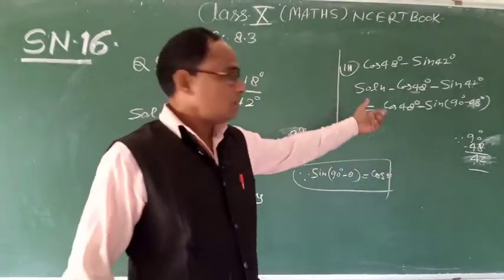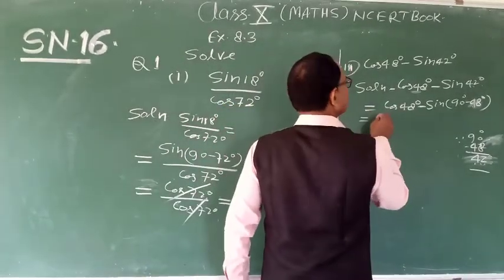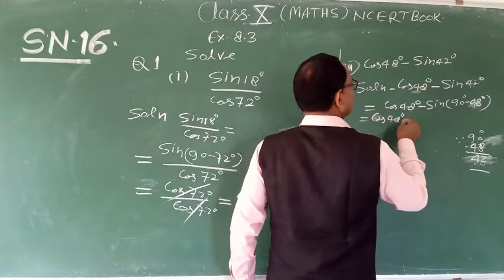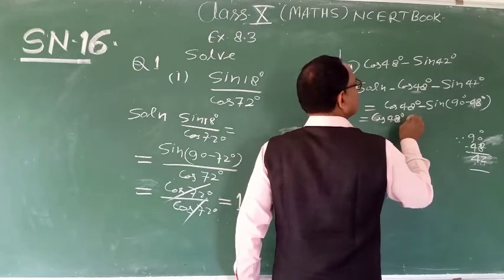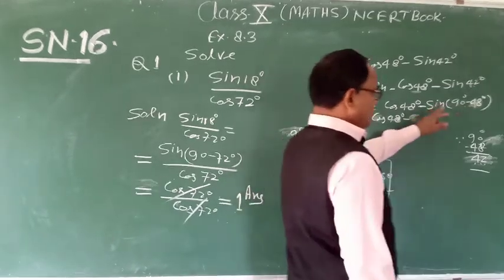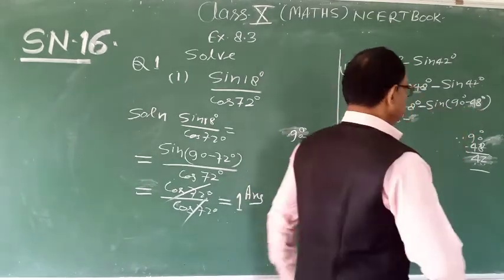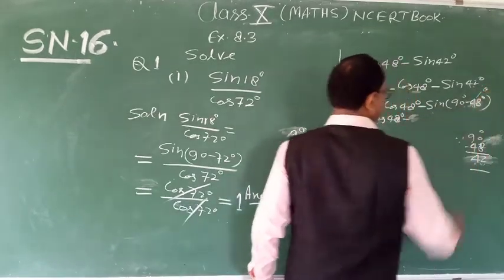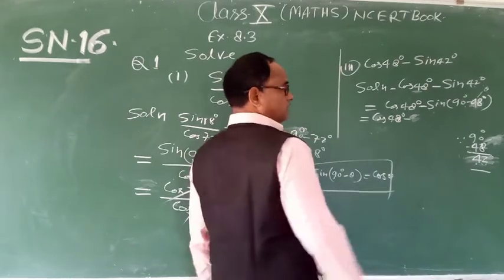Okay, student. Here we can write cos 48 degree minus cos 48 degree, since sin of 90 minus theta is cos theta. Therefore, 48 is the place of theta.